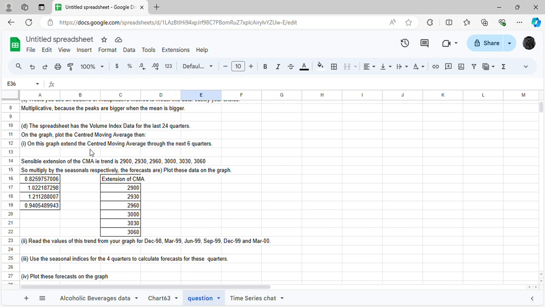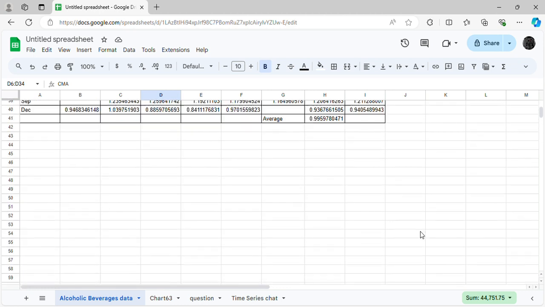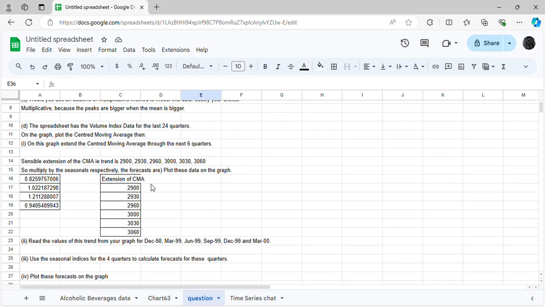So multiply by the seasonals respectively. So the seasonal values are the ones which we calculated here for March, June, September, and December. And the forecasts are, and plot this data on the graph.